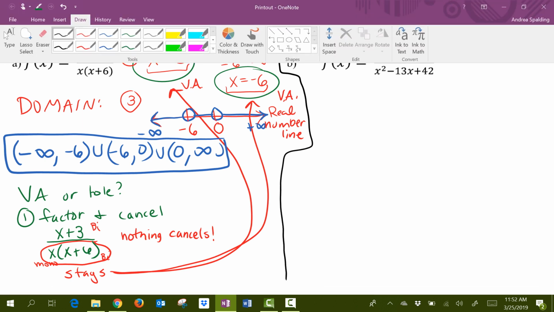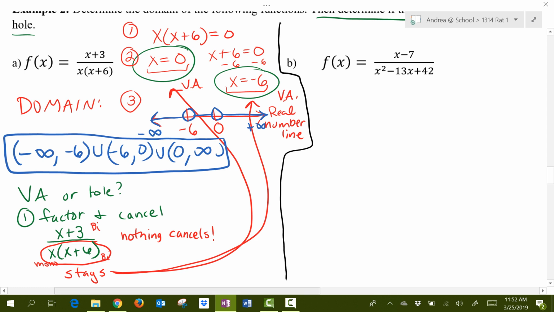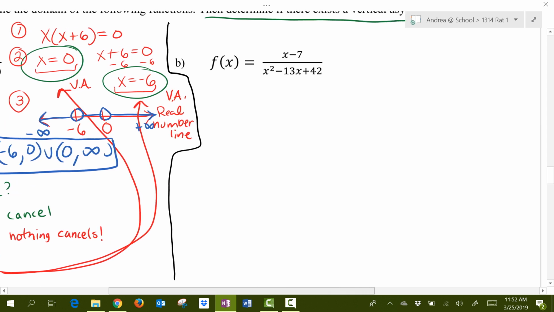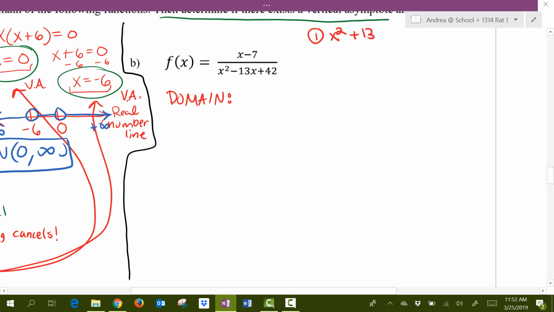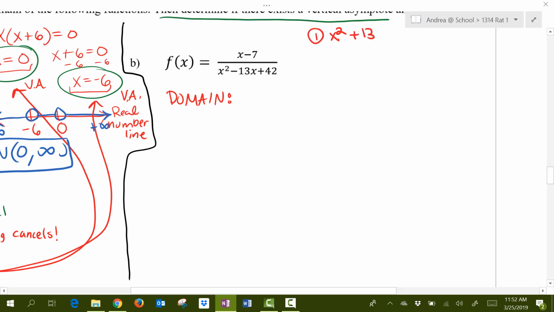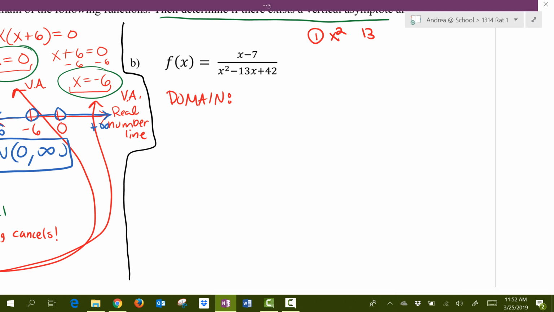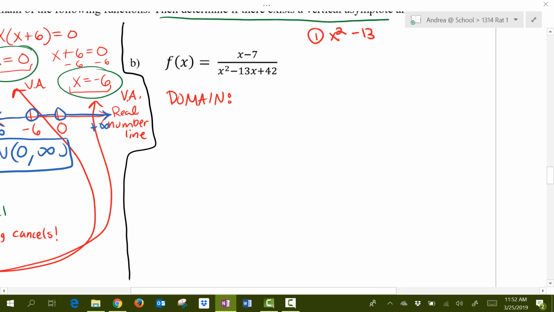For part B, we want to do the same thing. For part B, I would like to find the domain of the rational function. We want to find what x values are being excluded. So we will take our denominator, set it equal to 0, and solve for x.